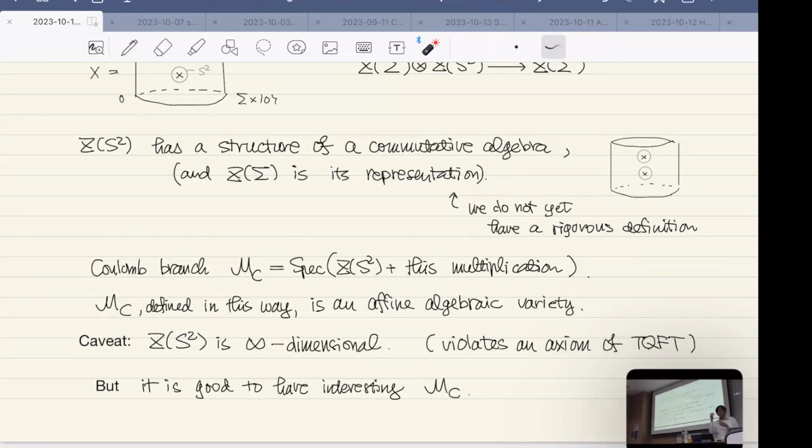This topological invariance shows that V of sigma must be finite. So it means that one of the axioms of topological quantum field theory is violated, because this is an affine variety. Coulomb branches have been studied in many examples. They are always non-trivial affine varieties. The space of functions is always infinite. So one of the axioms must be violated.